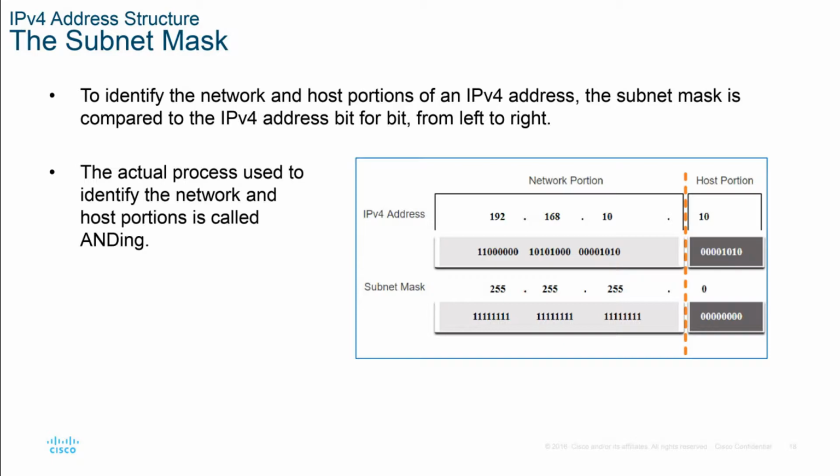AND means both have to be true. So if we're looking at 2 values, the binary of the IP address and the binary of the subnet mask, and we're ANDing these things together, not adding, don't confuse that. How would 2 things be true?